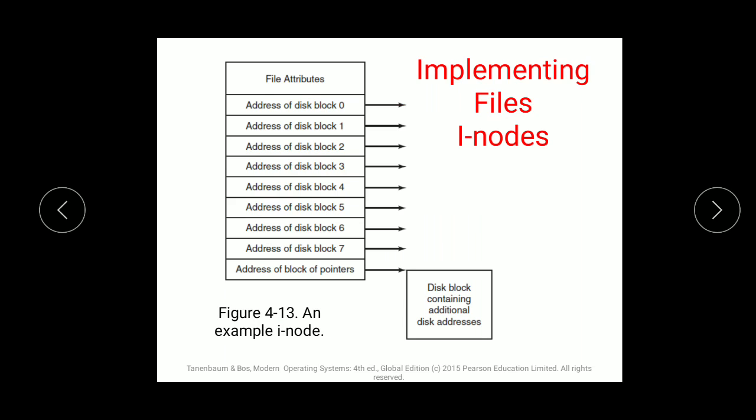The size of the file allocation table is proportional to the number of blocks that the disk contains. So if the disk has K blocks, the file allocation table has K entries. In contrast, the inode scheme requires an array in memory. The inode is not concerned with any of these things.